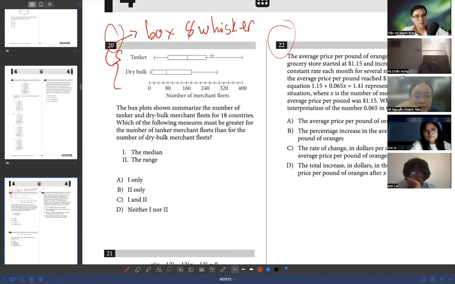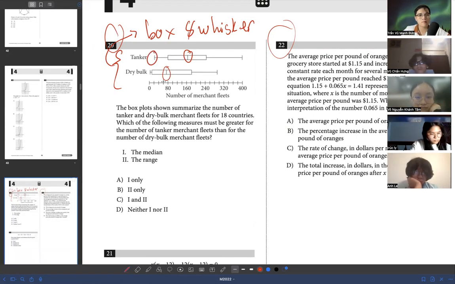So can you tell me some special properties of this graph? This first one, what is this? What is this middle line? Like the median. Yes, it is the median.